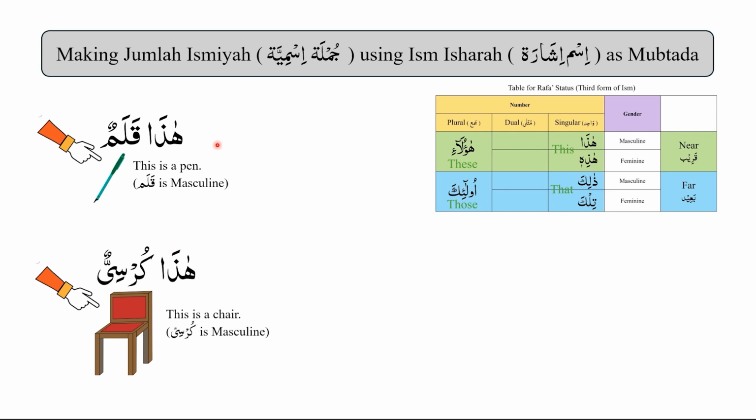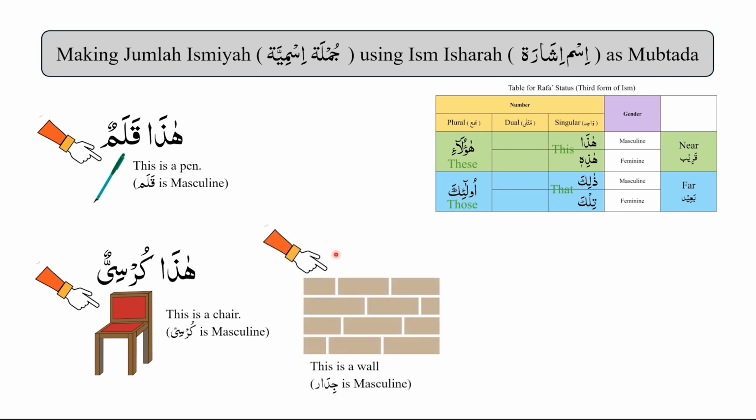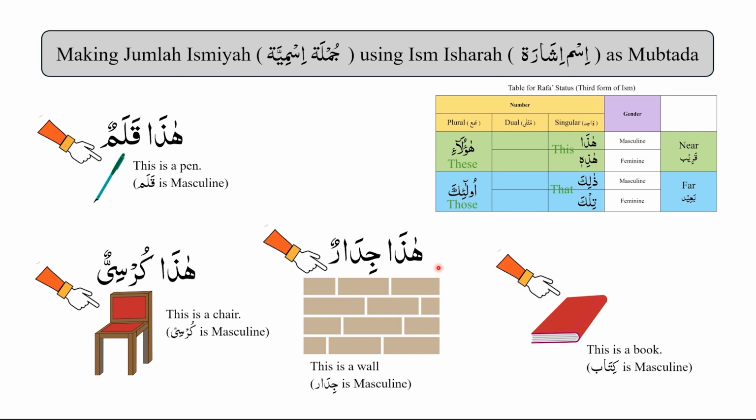Similar to haza qalamun. This is a wall. The Arabic for wall is jidar, and we have haza jidarun. This is a book. Haza kitabun. Haza qalamun, haza kursiyun, haza jidarun, haza kitabun are all on the same pattern.